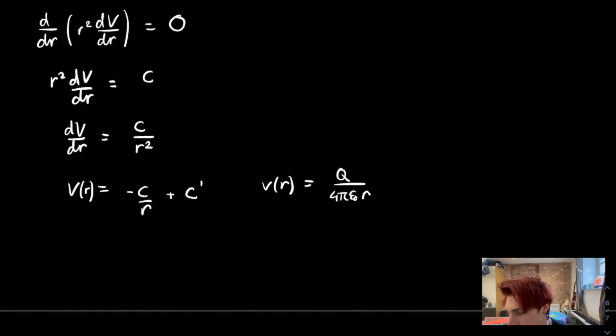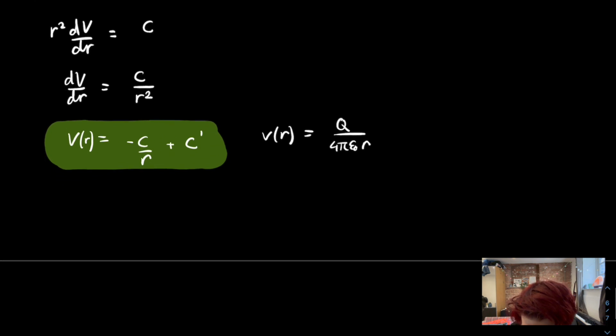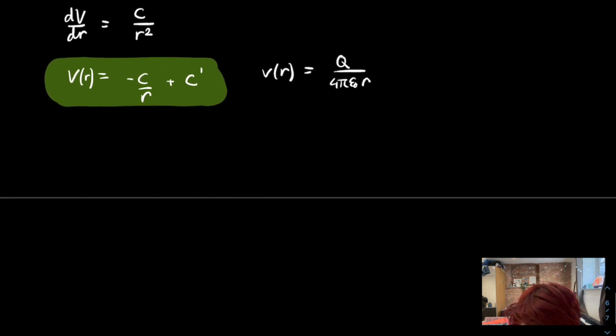Although you have to apply a bunch of boundary conditions and some actual physics, in terms of pure mathematics, solving Laplace's equation does give you the correct dependence of the potential on the radial coordinate. So that is the solution of Laplace's equation in spherical coordinates.